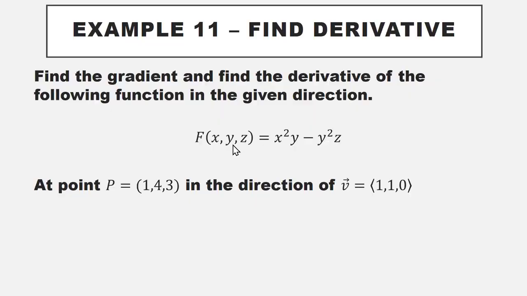There you go. f of x, y, and z is equal to x squared y minus y squared z. We're going to figure that out at the point (1, 4, 3) and in the direction of v. So we'll find the gradient, and we'll find the directional derivative at this point in this direction.